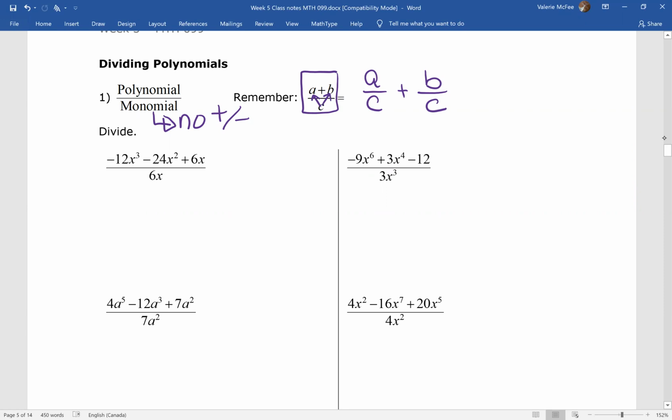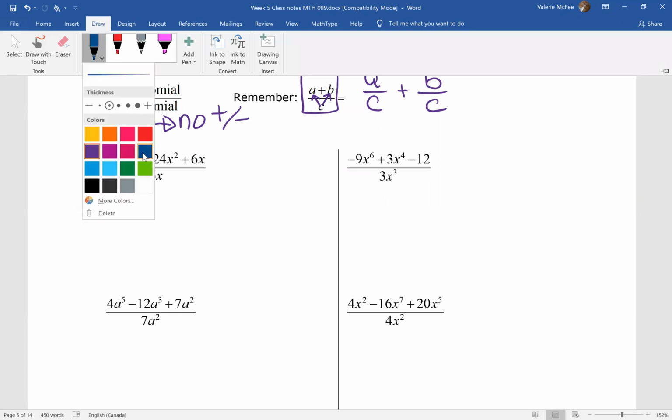Because if you look at my first example here, what a lot of people want to do is say, oh, look, 6x divided by 6x. No, if you do that, I am going to come through your computer and take your pencil away. Absolutely not. If you do that, then I know you haven't watched this video and listened to everything I'm saying.